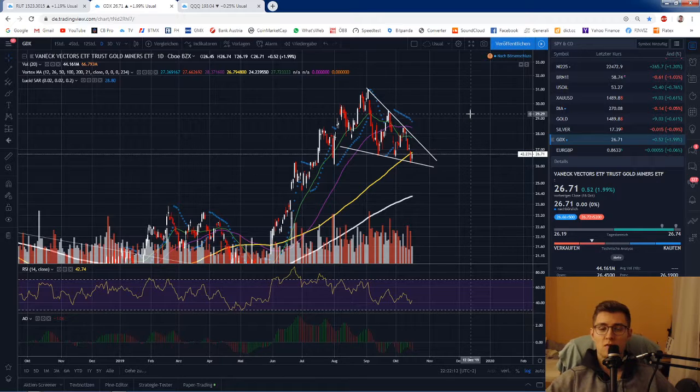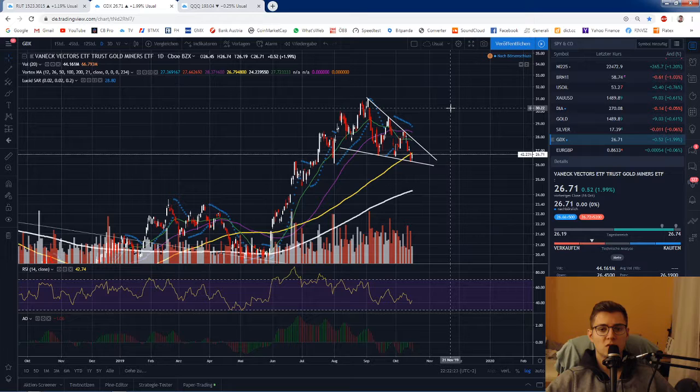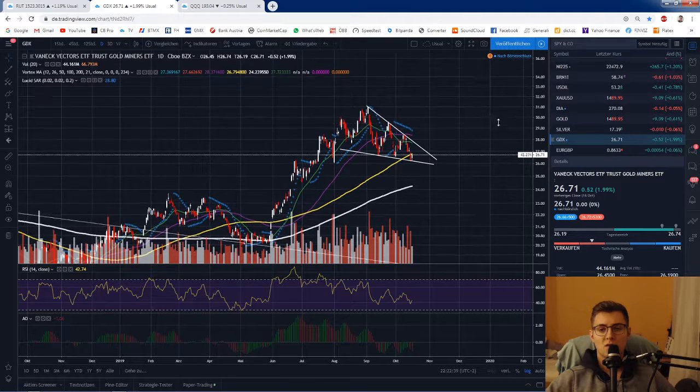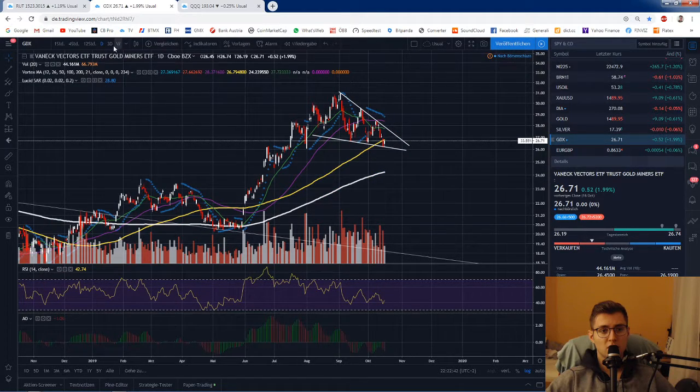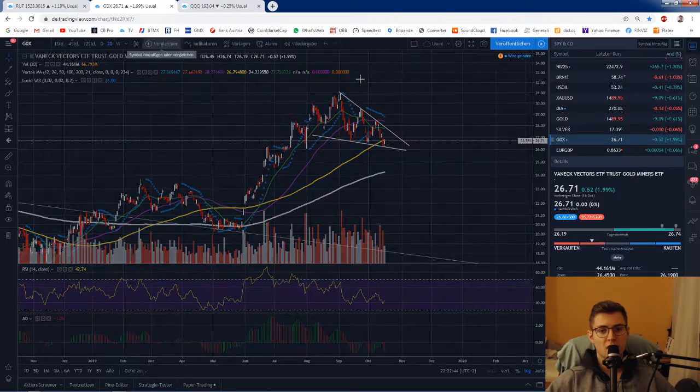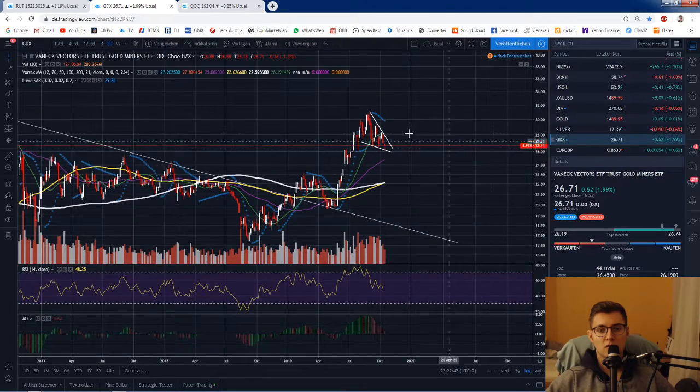I'm not too fond of falling wedges or rising wedges. They can be quite useful in my analysis, yet I see them with not as high a percentage to actually reverse or continue into the direction which was prior or will happen in the future. So I do look at them, of course, and I analyze them and I try to use them.